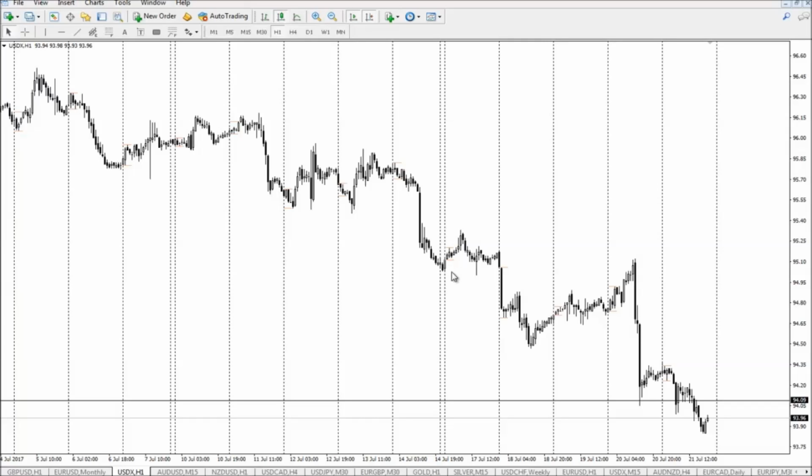So the week opened here, and I said previously we're looking for a move up, get into resistance and then sell off. Ideally I was expecting it to come into here, but it didn't, which is fine. So say this is the weekly open here.